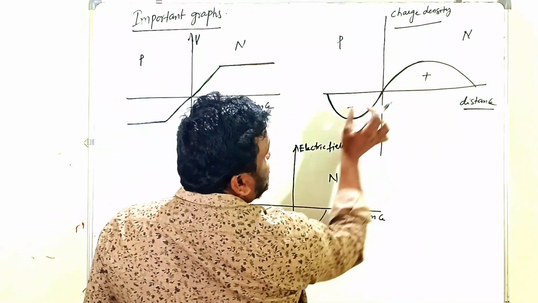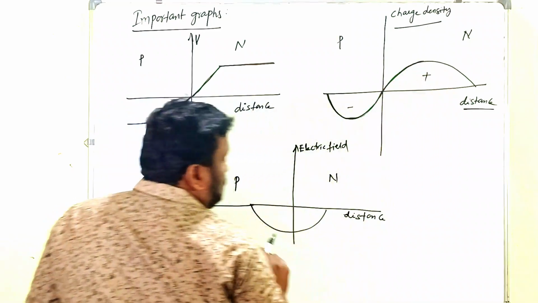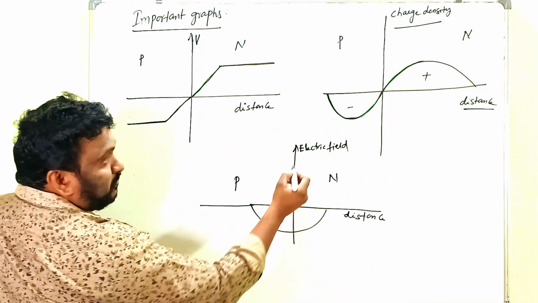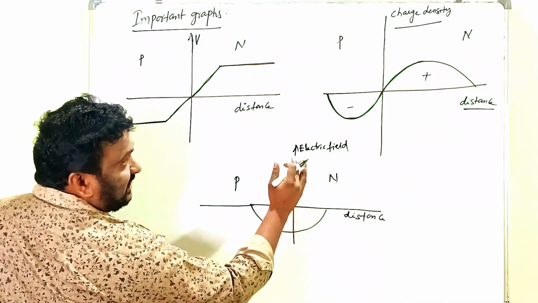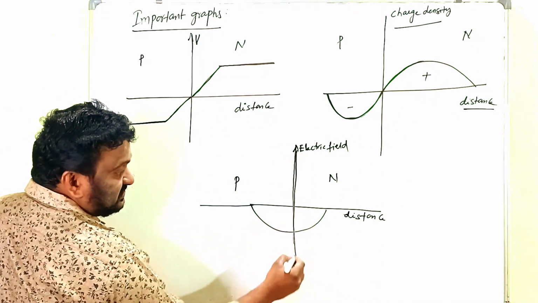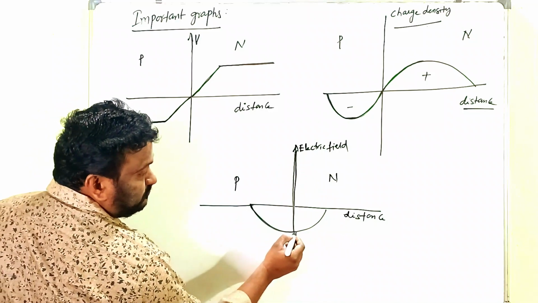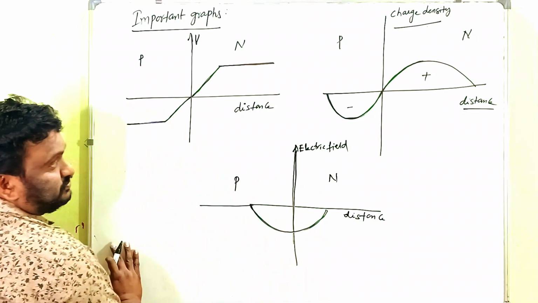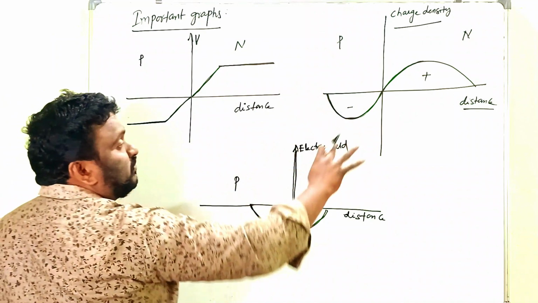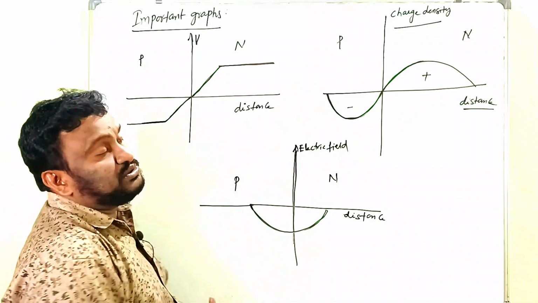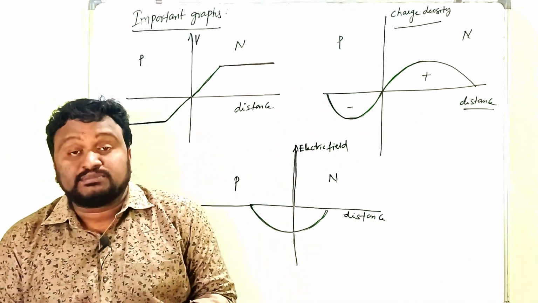So this portion is minus and this is the positive. And if we plot the graph between distance and electric field, that should seem like this. So this is the graph, like a semicircle shape. So children, you have to remember these shapes, that should be important for competitive exams.